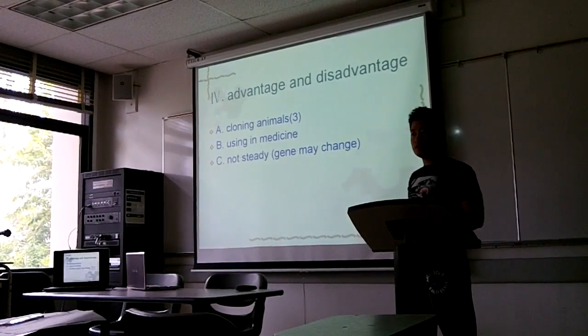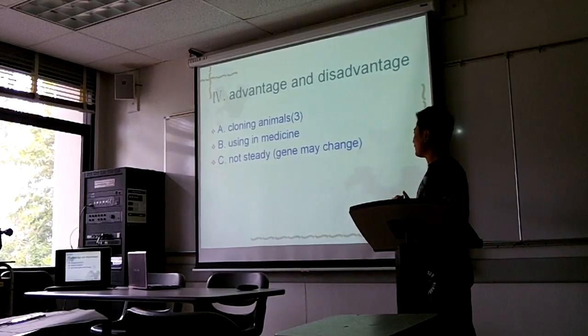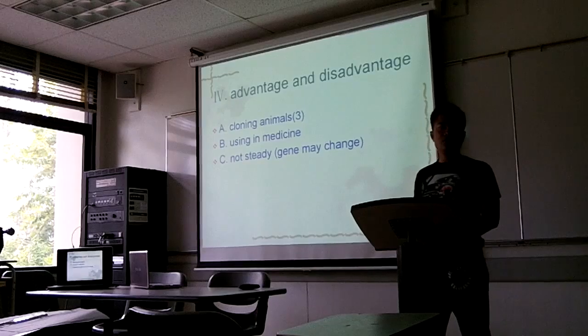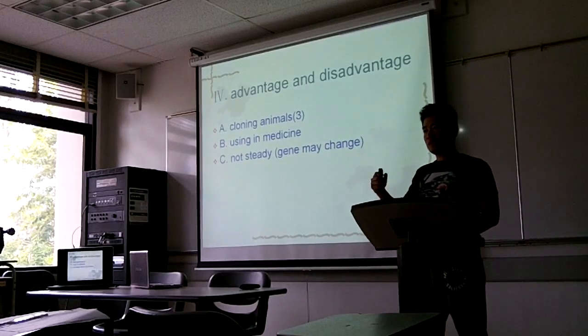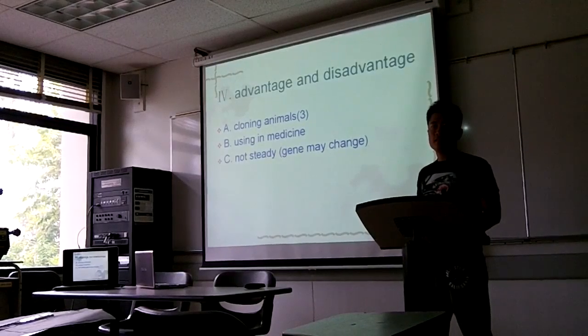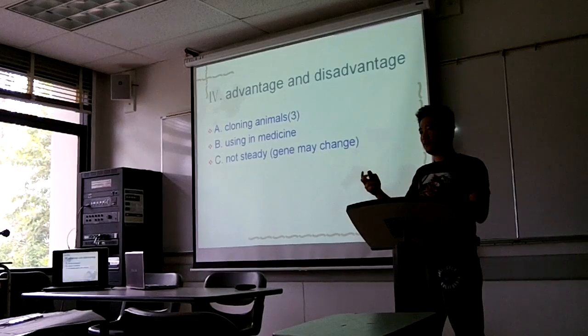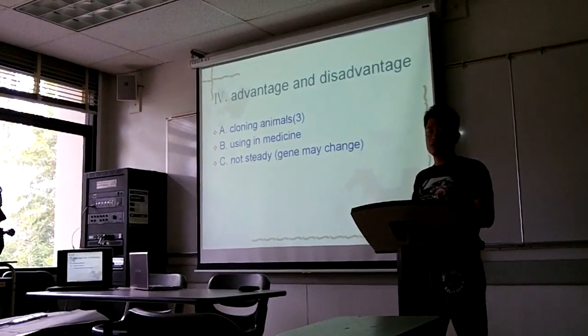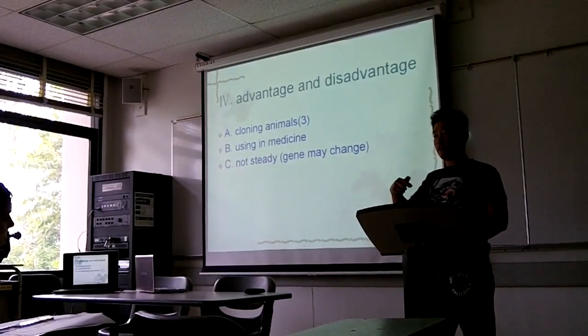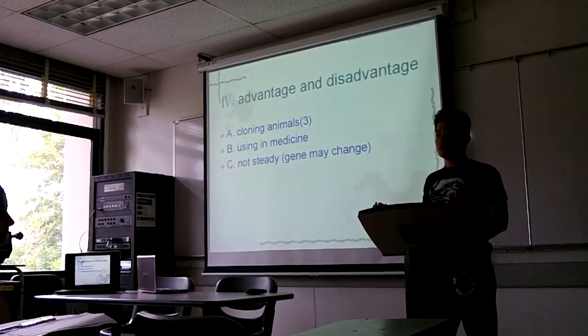And the disadvantage is cloning is not steady, because scientists keep trying, and you have seen a couple of cases that succeed, but behind that, scientists fail thousands of times.